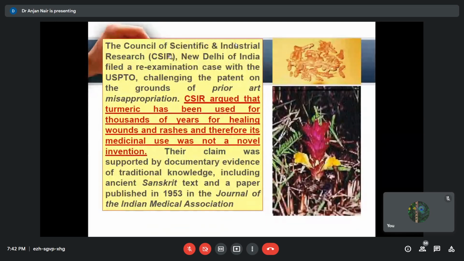CSIR, the Council of Scientific and Industrial Research, Delhi, filed a complaint in the US patent office saying that turmeric has been used for thousands of years. They quoted many Sanskrit textbooks, especially Ayurvedic manuals and old manuscripts.